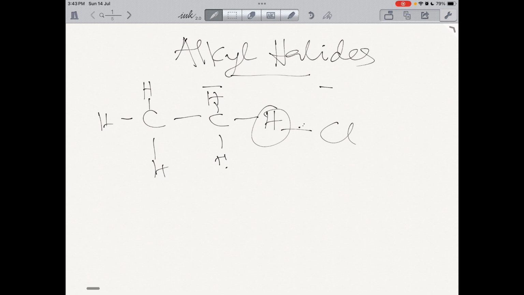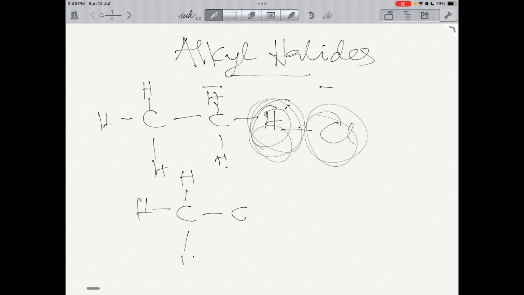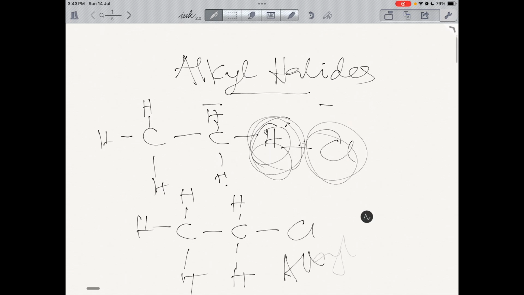So if this H has been replaced by this chlorine, then the compound becomes a combination of the ethyl and the halogen. So you have what you call the alkyl halide.